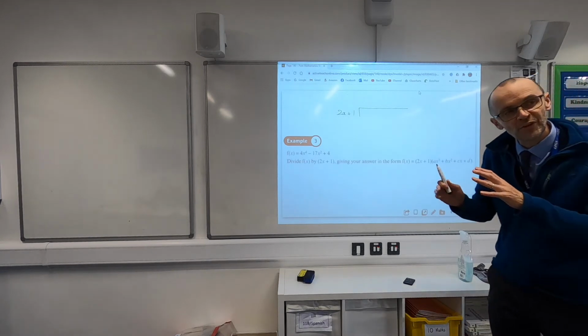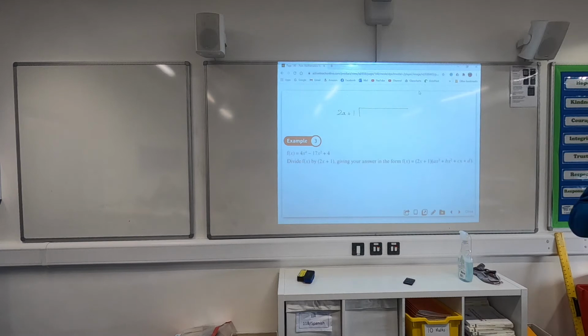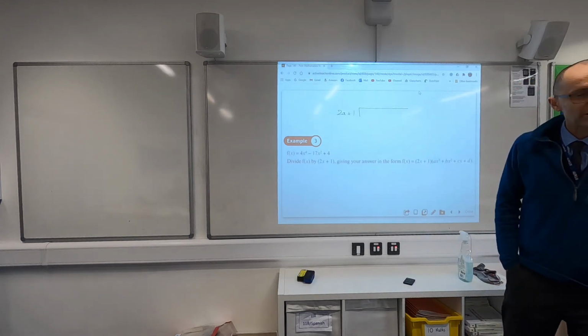And this division process breaks when you've got a missing term, because it relies on you having an x cubed, an x squared, an x and then a number. It relies on everything being lined up. So what we have to do in this situation is we have to put a dummy x cubed term in.